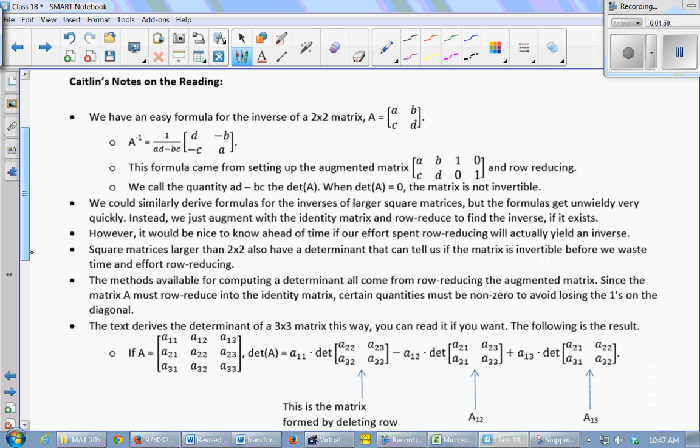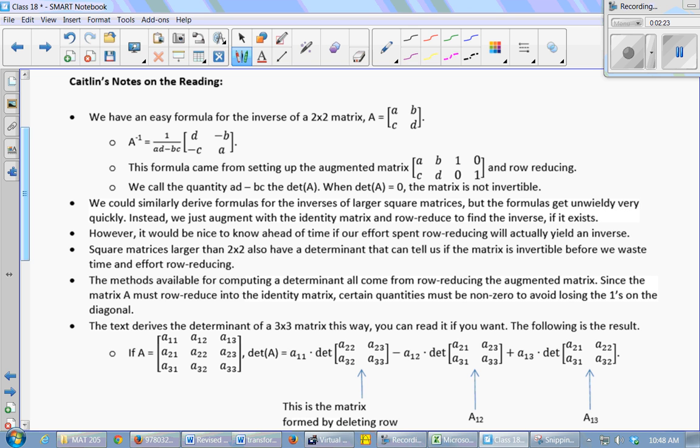All right, so we have an easy formula to calculate the inverse of a 2 by 2 matrix, right? A inverse is 1 over AD minus BC times this matrix where you switch around the entries. That formula comes from setting up the augmented matrix A, B, C, D with the 2 by 2 identity and row reducing. So it's just what you get when you do that.